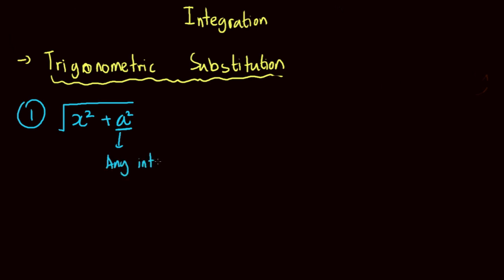It can be positive, it can be negative really, but normally we take a that's positive, so we can say something akin to a natural number. That's the first form.